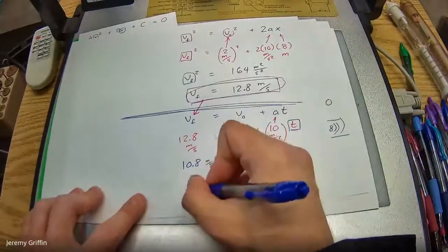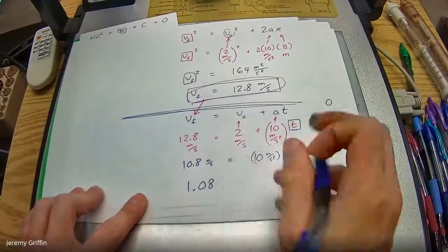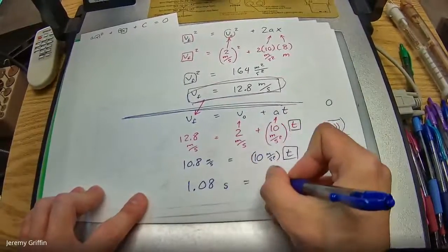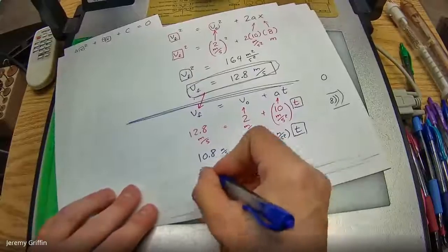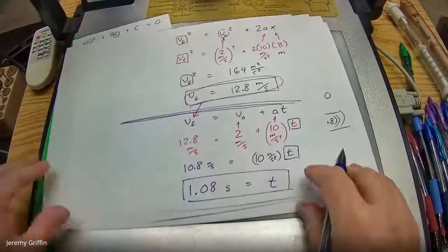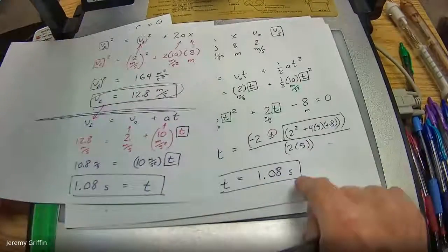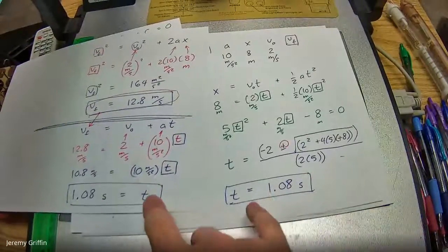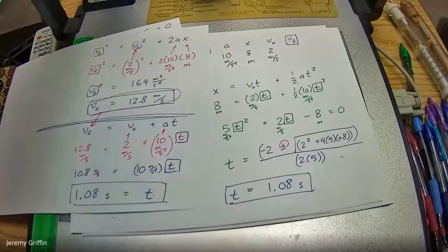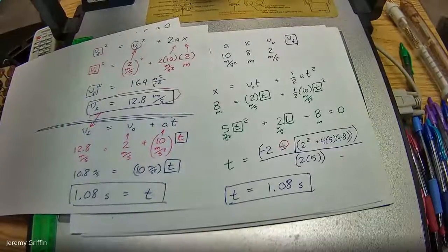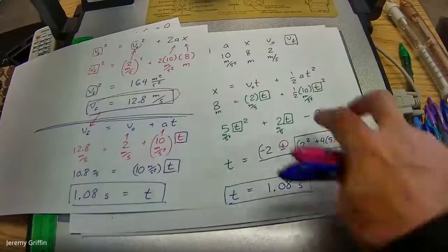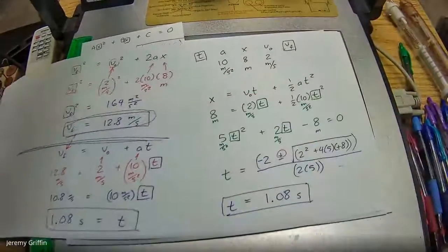That is, the number 1.08 meters per second divided by meters per second squared gives you seconds to represent time. 1.08 seconds. What did we get before doing all that quadratic stuff? 1.08 seconds. Boom. Two different ways to get there. Same thing. So you guys have multiple ways to solve these things. You guys good? Now we know everything about the motion of that.